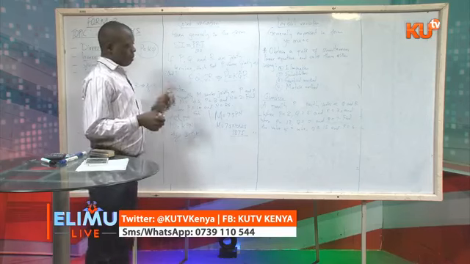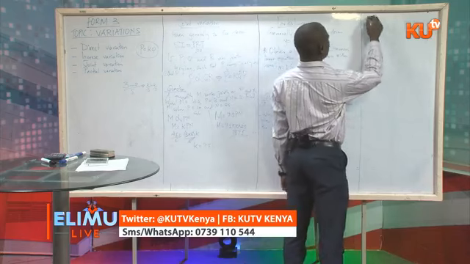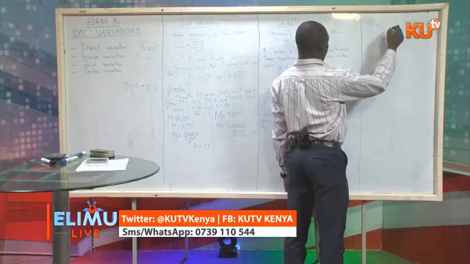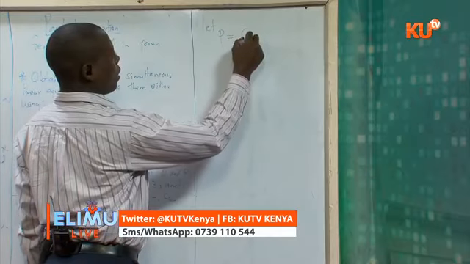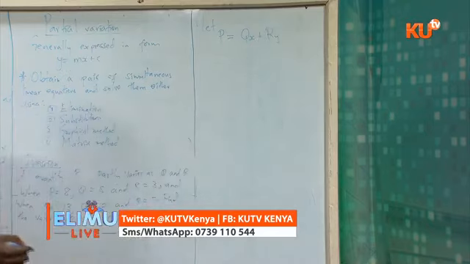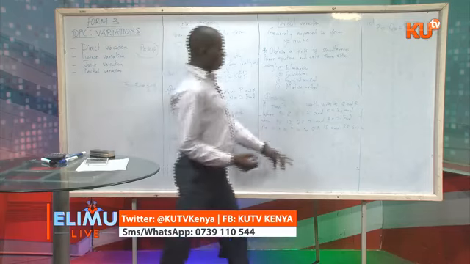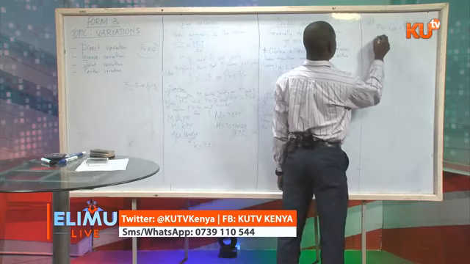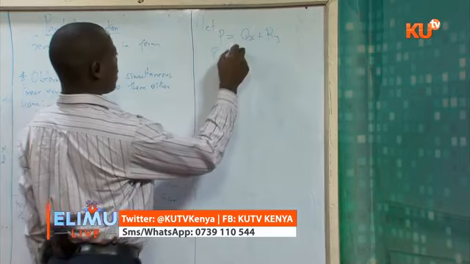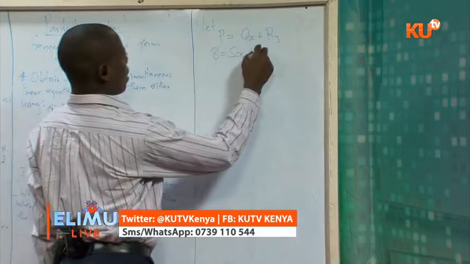In this case, P is partly varying as Q and R. So we'll let P equal QX plus RY, where I've introduced the constants X and Y. Replacing P is 8, Q is 5 and R is 3, we have 8 equals 5X plus 3Y.